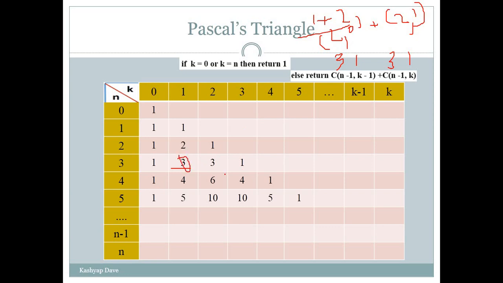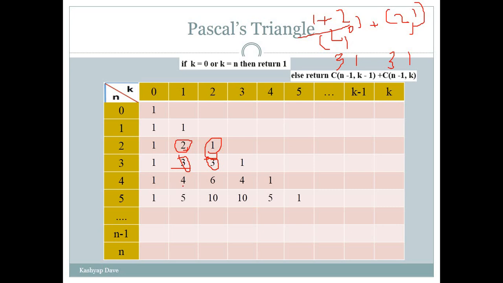Okay, in the same way we will calculate this value. We will have to add n minus 1, k minus 1, which means this value, plus n minus 1 and k, which means this value, so 2 plus 1 will be 3 here.